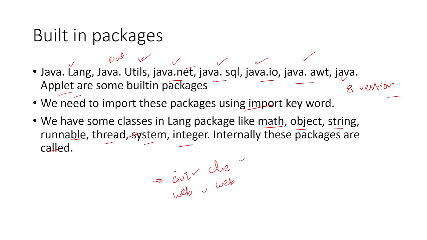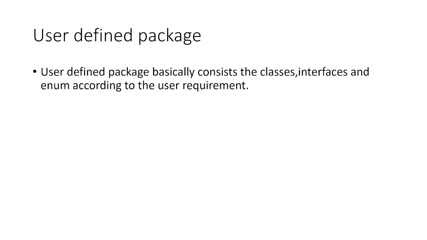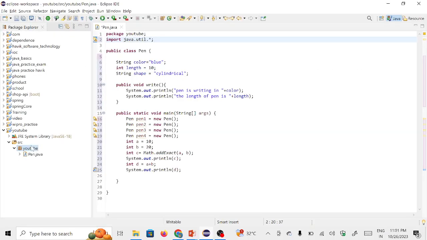We will do that in coming classes. After that, the user defined one, which we have done here: a user defined package called u2, and inside that I have created a Pen class. In this way we need to use Java to perform some real-time operations.